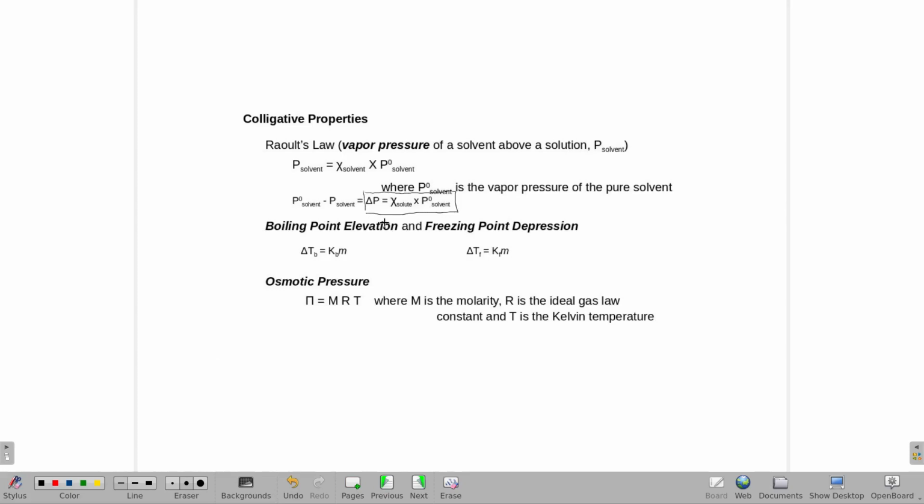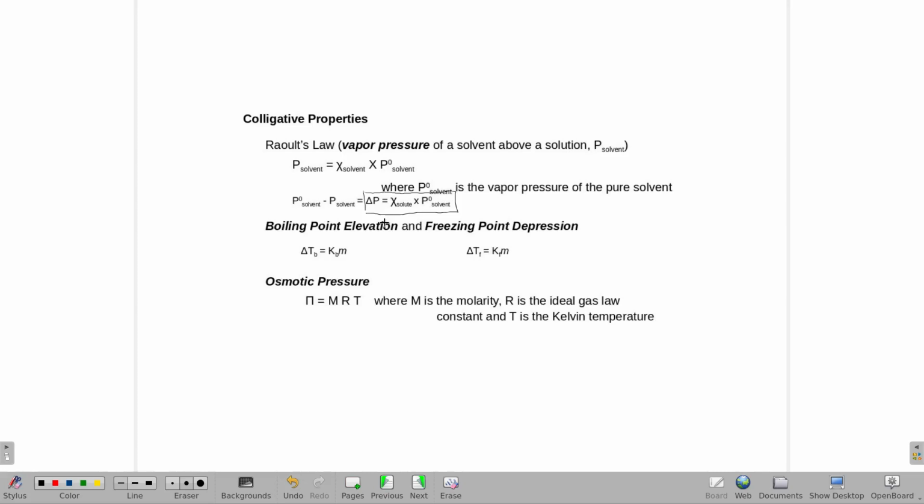The change in the vapor pressure is related to the mole fraction and the pressure, or the vapor pressure, of the pure solvent. Pressure always drops. So think about it this way. If I had a pool and I have a bunch of impurities, those impurities are going to keep the water in the pool and stop it from evaporating. So the vapor pressure drops.